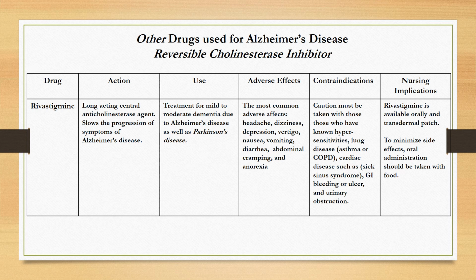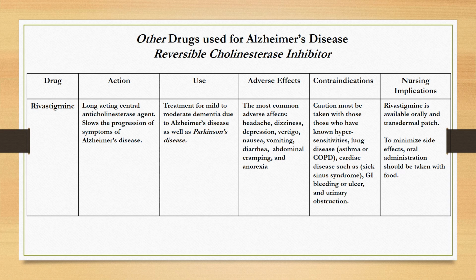This is another type of medication used, rivastigmine, for Alzheimer's disease, and it is a long-acting central anticholinesterase agent that helps with keeping that acetylcholine abundant in the body. And so it's used to treat mild to moderate dementia, and also can be used for Parkinson's disease.